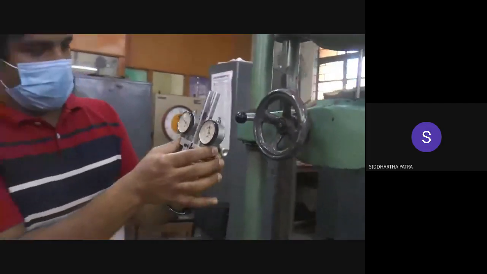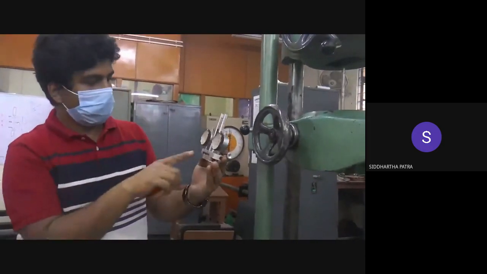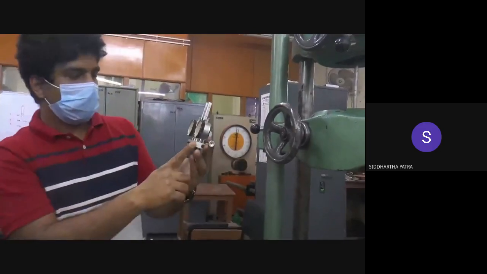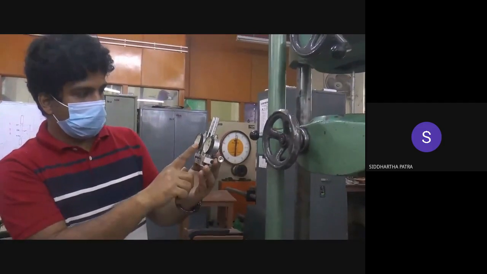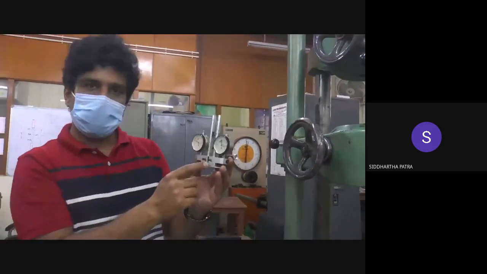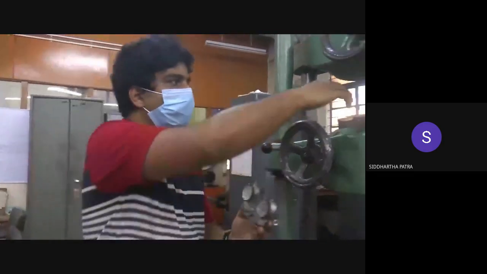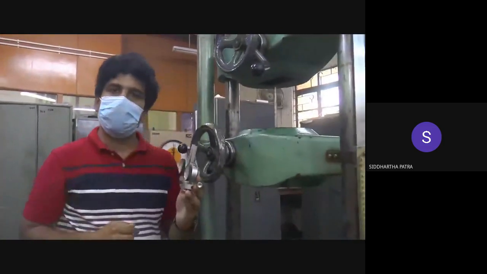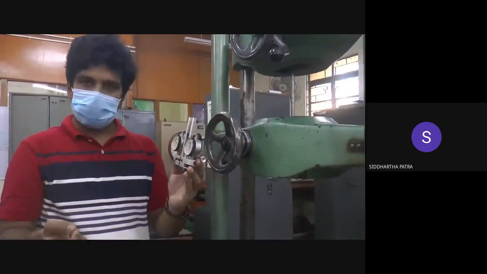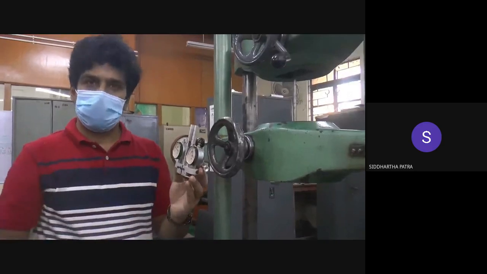So why do we need two dials over here? The thing is, it's a possibility that even with the extensometer attached to the bar, one of the knife edges might lose contact, or might be in contact but not in static friction with the bar itself. Some slip may occur, and because of that slip, one of the dials, and we do not know which one, would probably not give you the correct result.